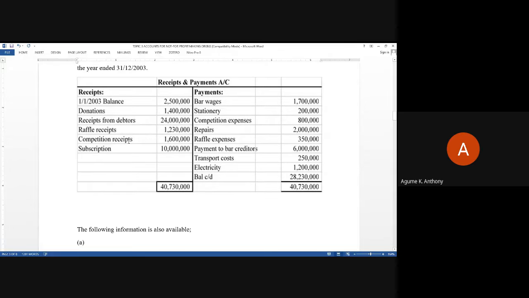So the receipts of 1.6 are going to be net of this competition expenses. The raffle receipts, I'm also going to net off the raffle expenses so that I get my net income. If the non-profit has undertaken an activity for a short period of time to generate income, then you are going to net off those expenses from the income that is generated.